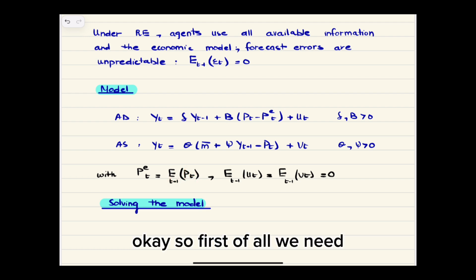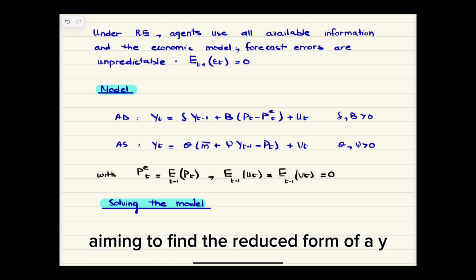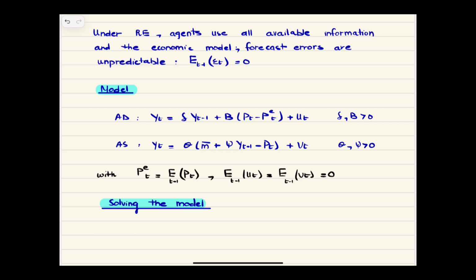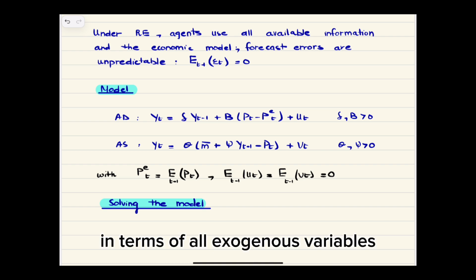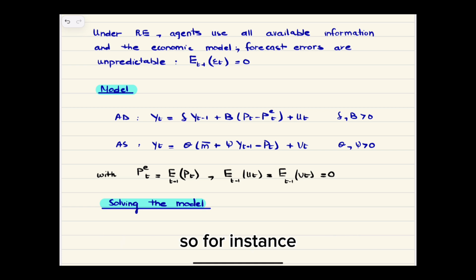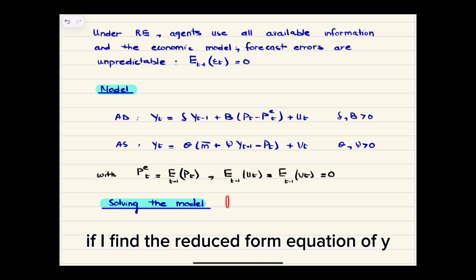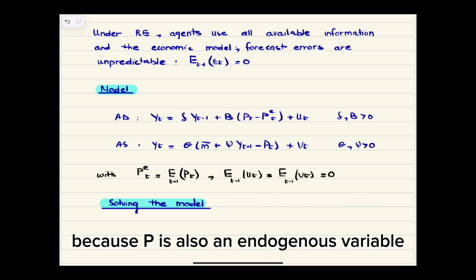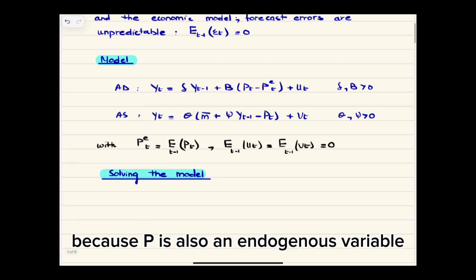Okay, so first of all, we basically are aiming to find the reduced form of y. So a reduced form is that you present the endogenous variable in terms of all exogenous variables. So for instance, if I find the reduced form equation of y, it cannot depend on p because p is also an endogenous variable.